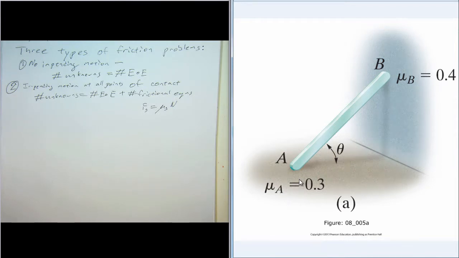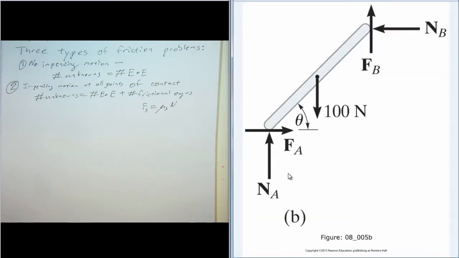So we'll have unknowns NA, FA, which is the friction force at A, and NB and FB. And theta is the other unknown. So that's 5 unknowns, and we have 5 equations, 3 from the equations of equilibrium and 2 from the frictional equations.